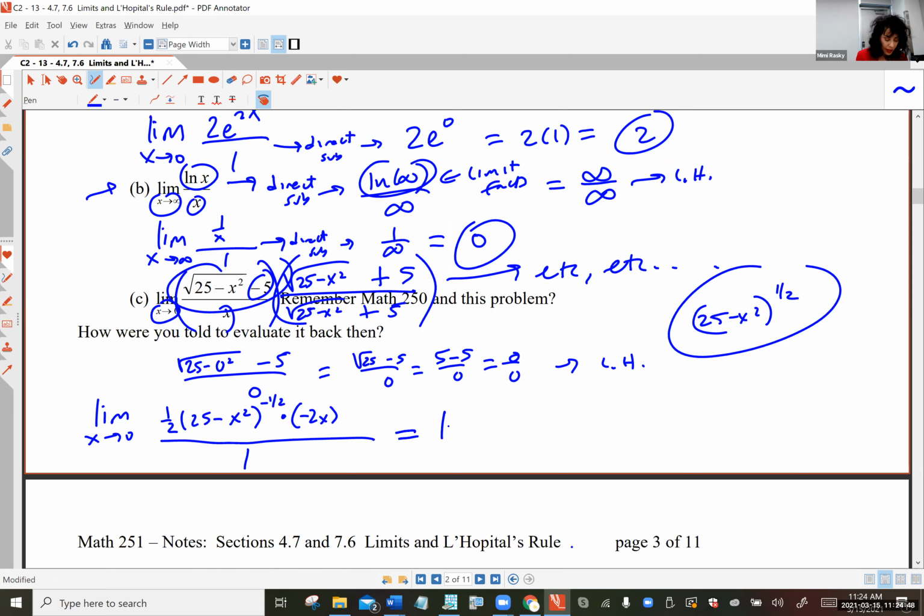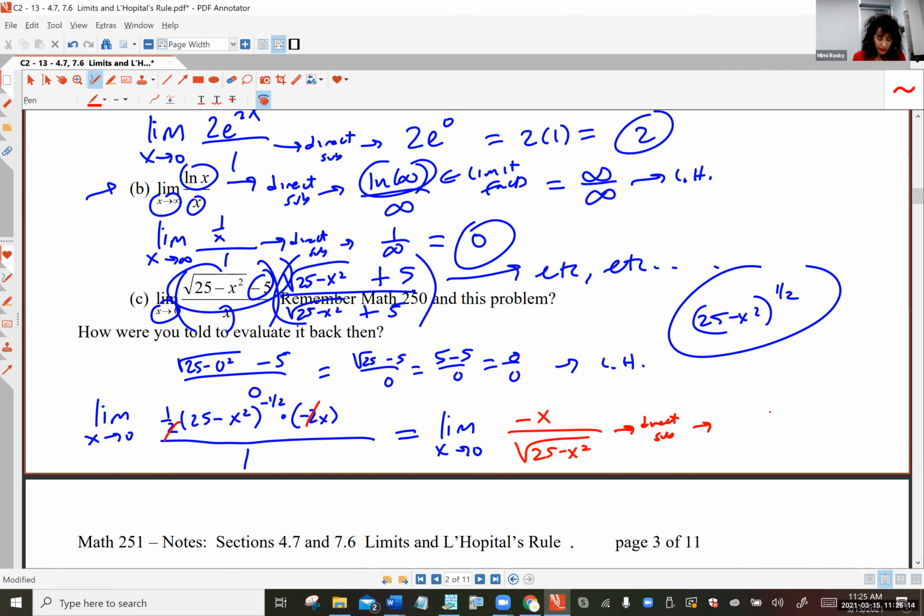Now, before I do direct sub, I am going to rewrite this without negative exponents and clean it up a little bit, because you'll thank me later that I asked you to do this. So these 2's reduce, and so after cleaning this up, and I'll put the radical back in, now we're just working with this thing. Well, now use direct sub.